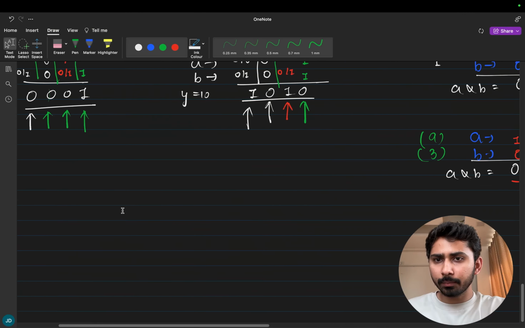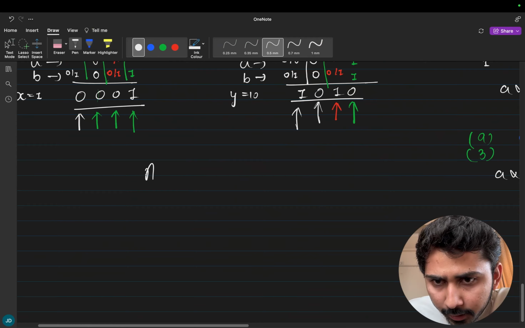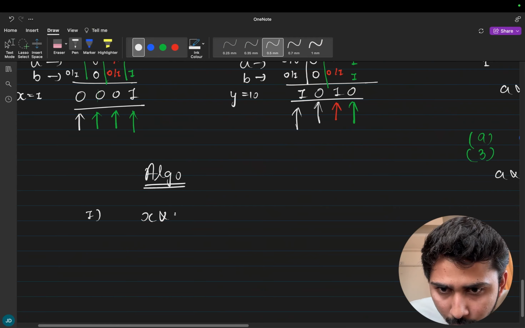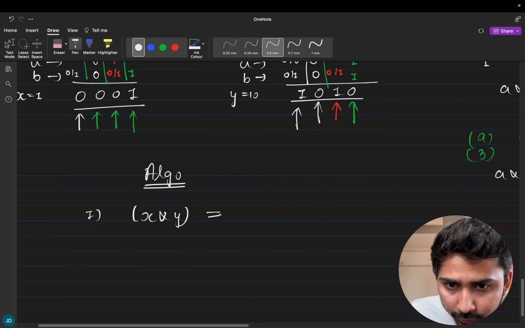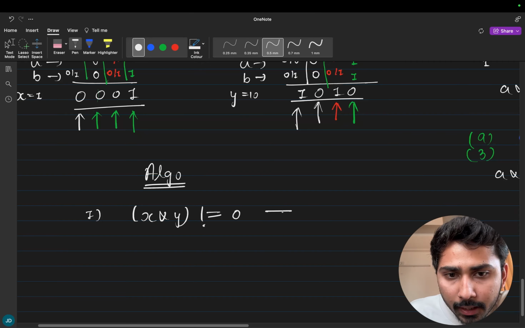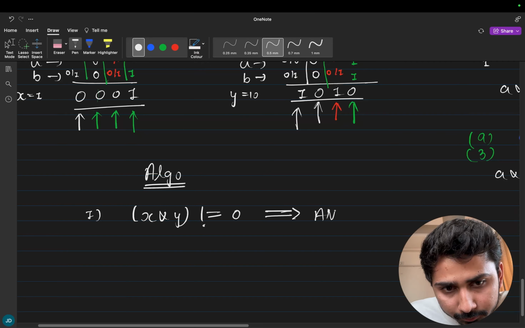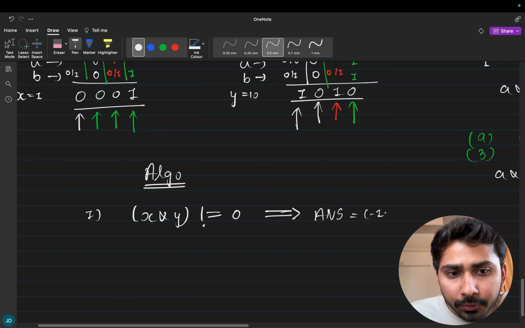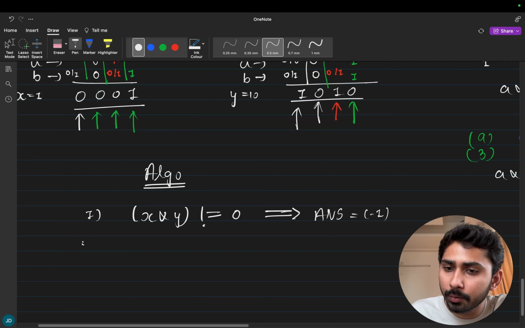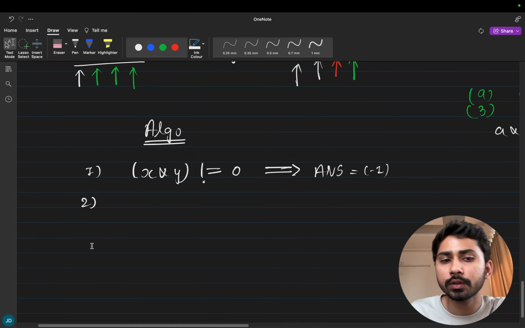So before moving to the code implementation, I would like to summarize the entire algorithm. The algorithm says if the result of x and y is not equal to 0, then the answer is always -1. That means there are some overlapping set bits in x and y, and this will not be able to generate any number.